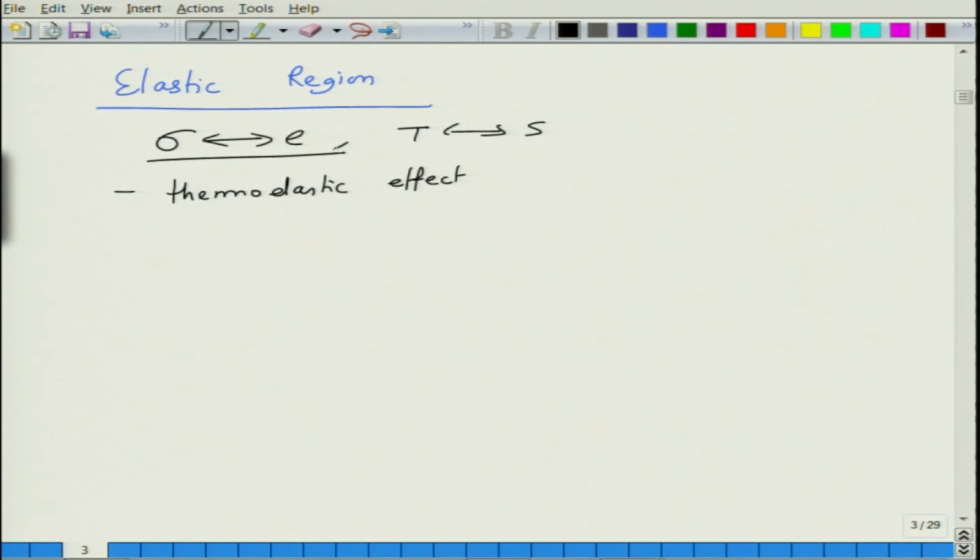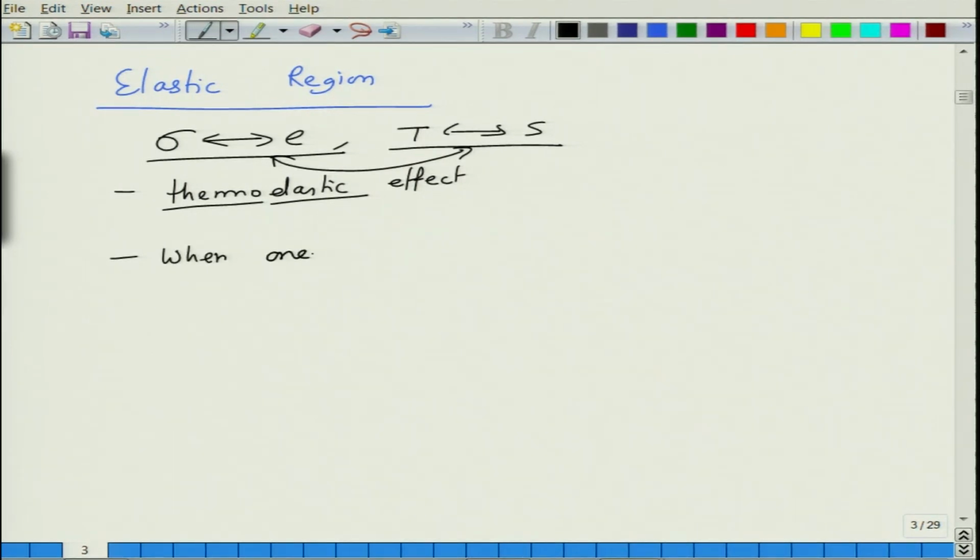These mechanical properties are coupled to thermal properties, and the coupling of these two is called the thermoelastic effect: thermo means temperature related, elastic means mechanical related. These are properties which are dependent upon each other. So, there are various ways of looking at it.